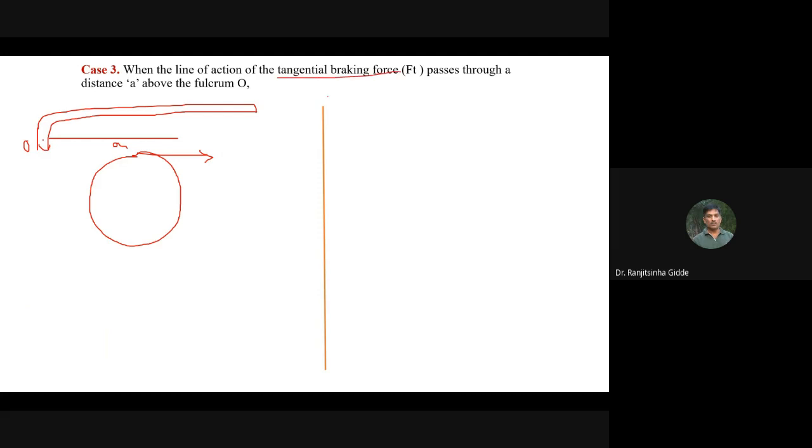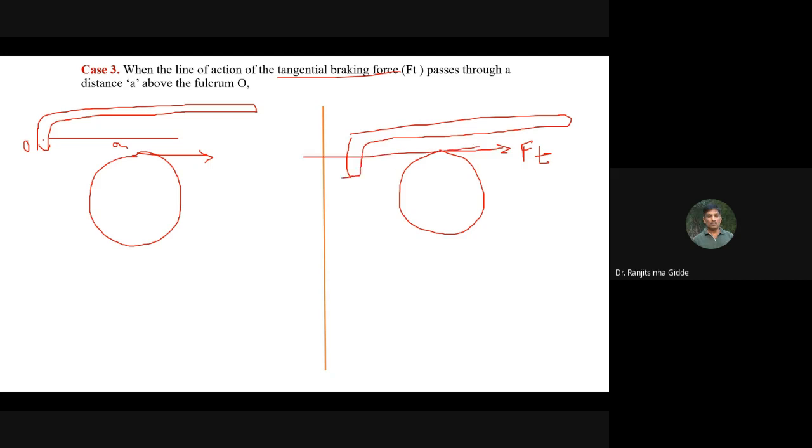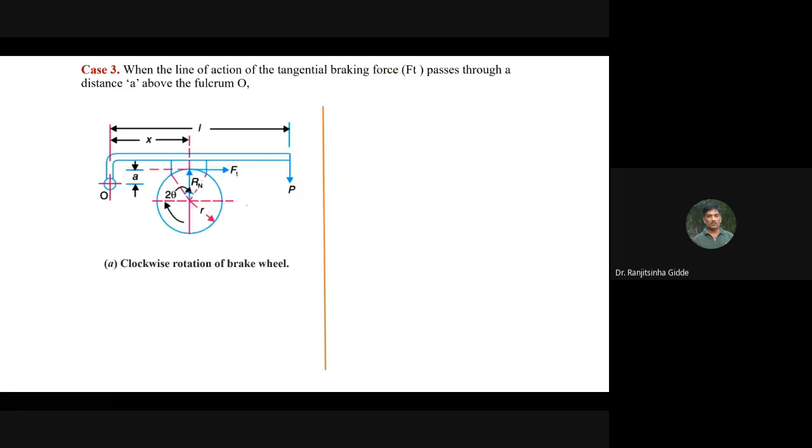Now here, in this case, this is Ft, and as per the condition mentioned, this F is acting through a line which is at a distance. So this is the case.